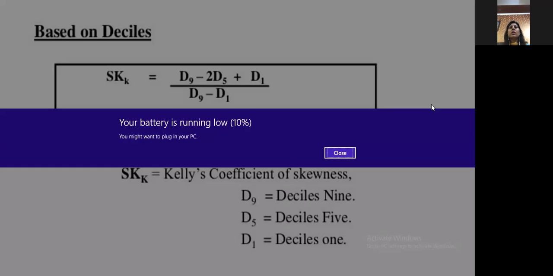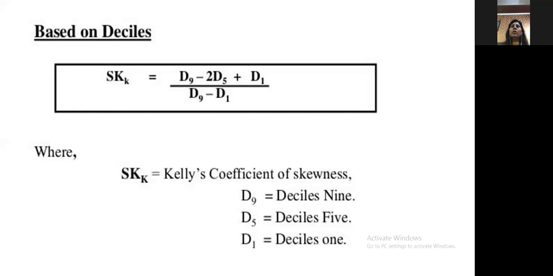These two measures help us to understand how this asymmetry occurs in the distribution, how the data has been distributed, how the curves are changing their forms, where the data is tilted, whether it is positively skewed, negatively skewed, or symmetrical. This is what we can understand as skewness, which helps us to understand how to calculate skewness, how to differentiate skewness, and how to find out the values of skewness.